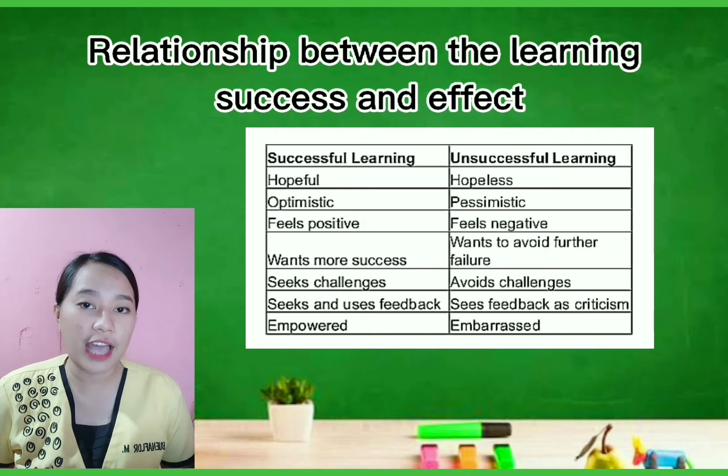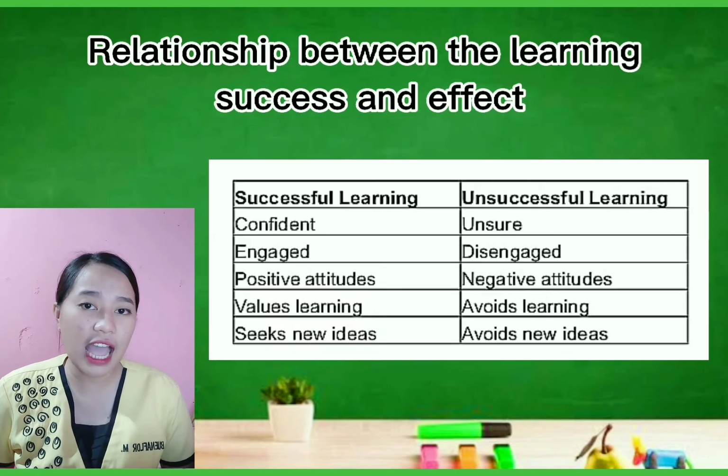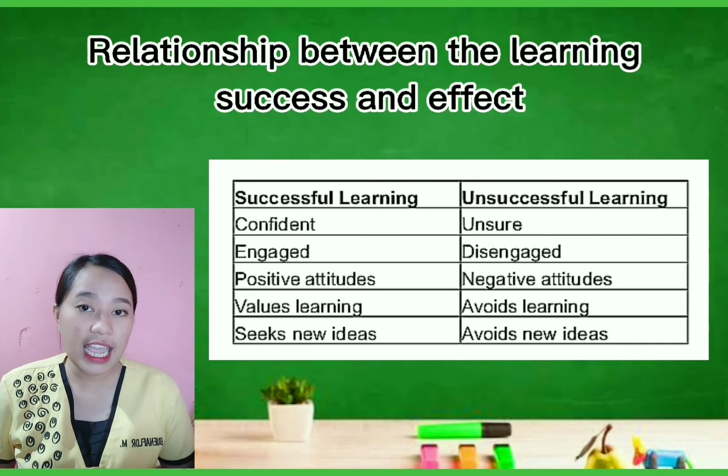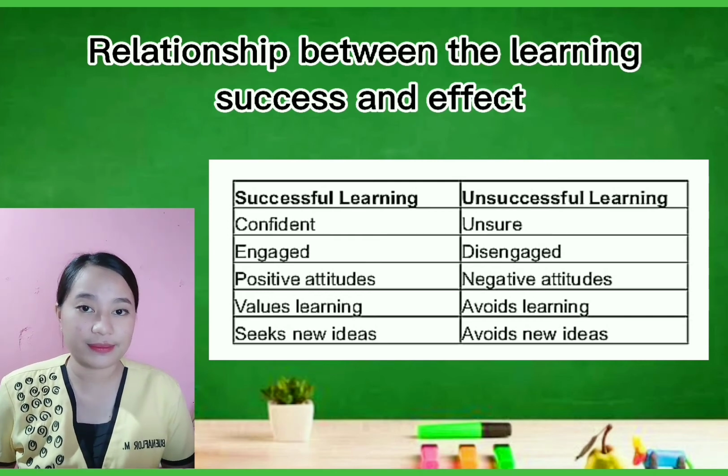And then we also have empowered, and for unsuccessful, it is classified as embarrassed. We also have confident, engaged, positive attitude, values learning, and seeks new ideas. And for unsuccessful learning, it is categorized into unsure, disengaged, negative attitude, avoids learning, and avoids new ideas.